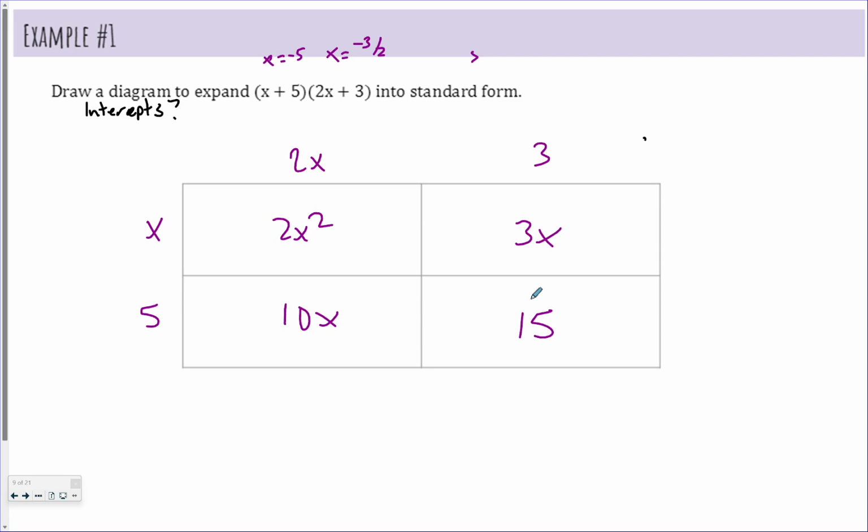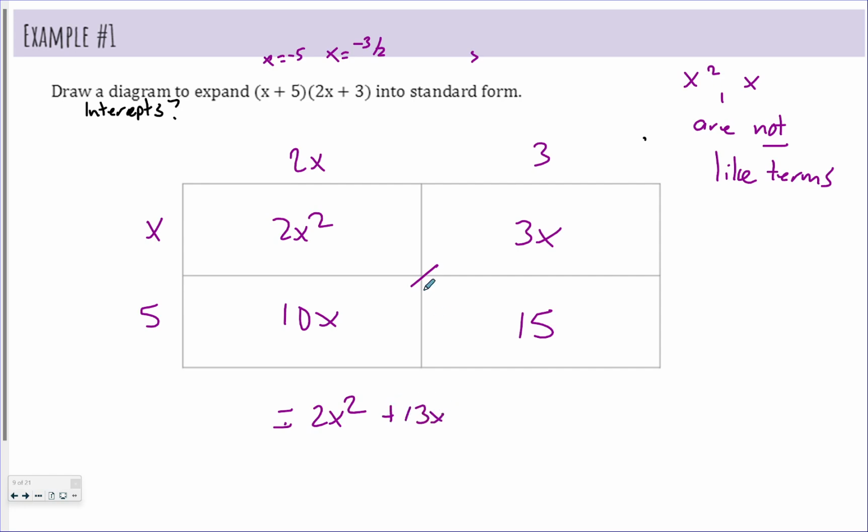So now, combine my like terms. Remember, x squared is not a like term to x. They are not like terms, because one's a square and one's more of like a line. So what actually is this? This becomes 2x squared plus 13x, because these I can add together, and then plus 15.